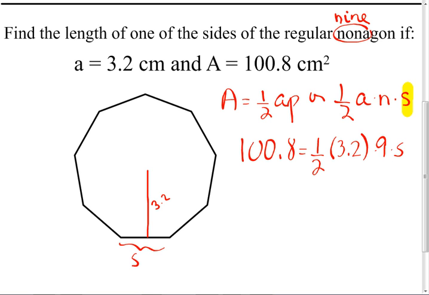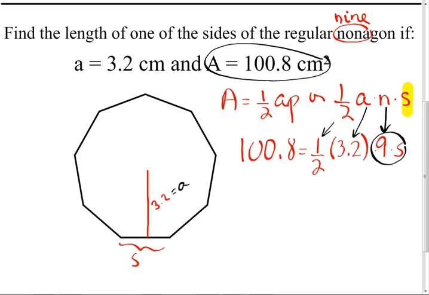Yes, it actually is. There's the 1/2. There's the apothem, which is right here. And a nonagon has 9 sides times the length of one side. This is the perimeter. What is 100.8? That's the area. They gave it to me. They have to give you something.